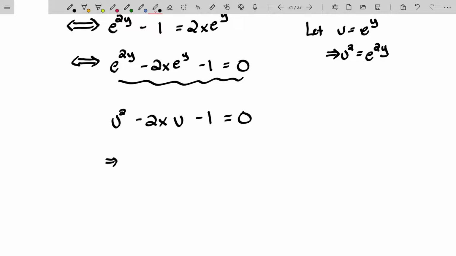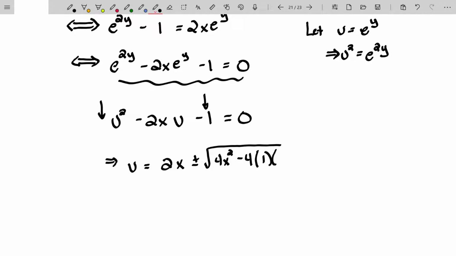This would imply u is equal to, let's see, the opposite of the b term, so 2x, plus or minus the square root of the b term squared, so that'll be 4x squared, minus 4 times a times c, minus 4 times 1 times a negative 1, all over 2a. I hope everybody's with me so far.